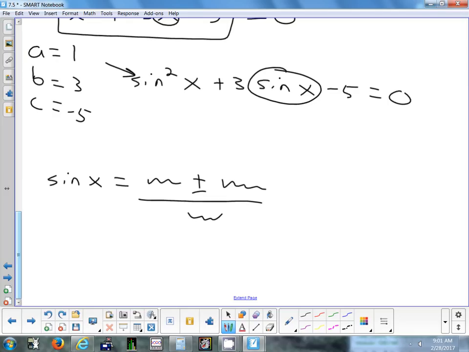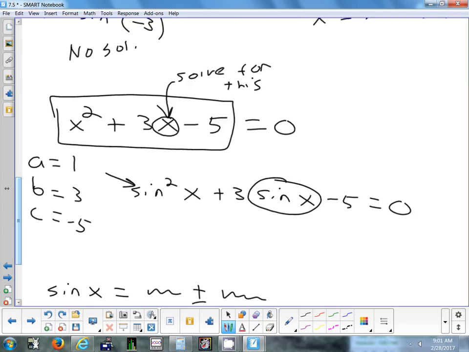So this, after you finish the quadratic formula, is not your answer. You have one more step you have to do with whatever you get from the quadratic formula. And what would that last step be? Huh? Yes. You have to take the inverse sine so you can solve for x. If the middle was a cosine x, you would do inverse cosine as the last step.